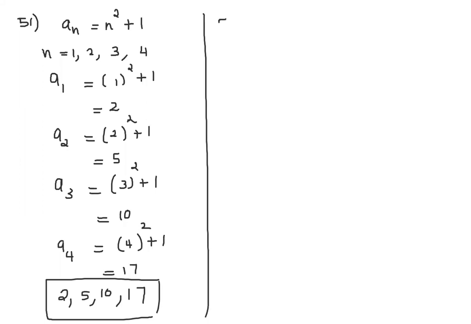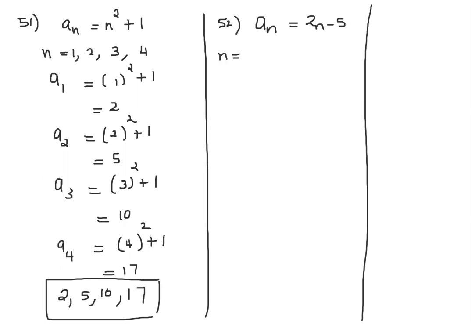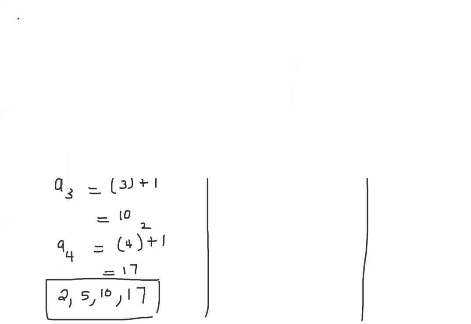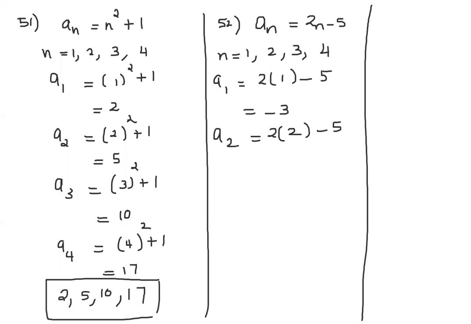Next sequence: again, we have to find the first 4 terms. We have to plug in 1, 2, 3, and 4. So a1 is 2 times 1 minus 5, which is negative 3. 2 times 2 minus 5 is negative 1.